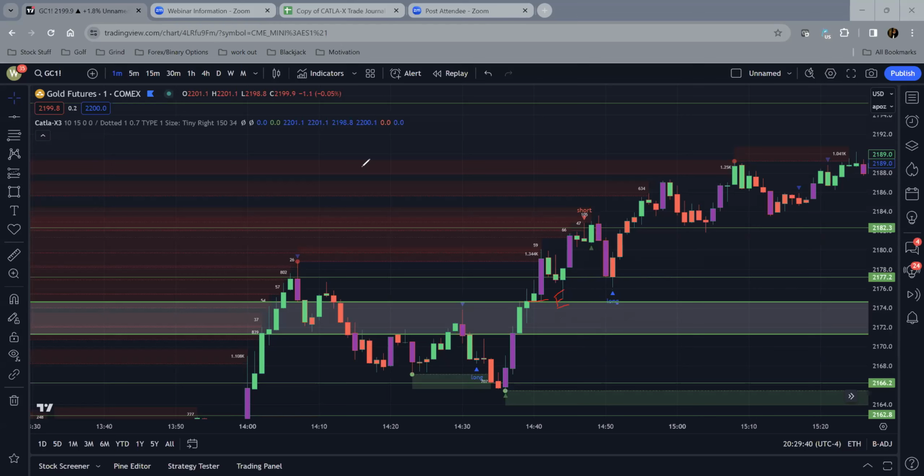Okay, now if I was executing on my 1 minute time frame, it's important for me to know where is my last area of relevant liquidity. So if I enter from here, where's my last area of liquidity? If this point here was my entry, where's my last area of relevant liquidity?